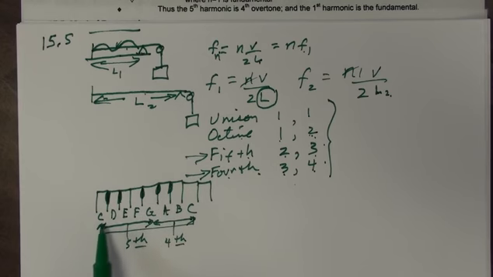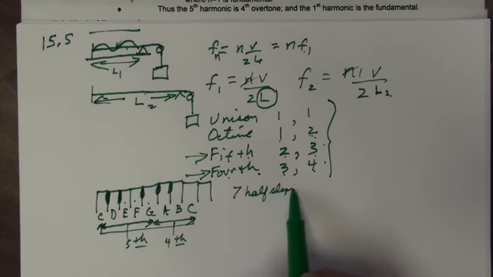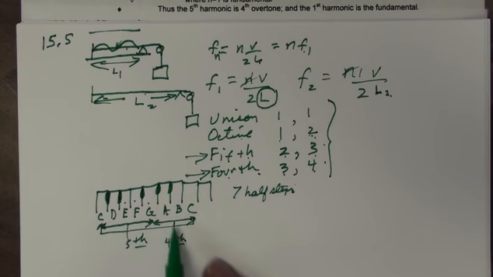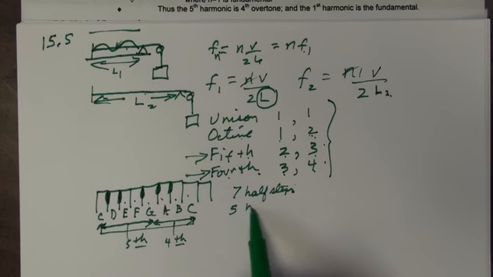So if you go up by a fifth, you'll notice that what you're really doing is going by 1, 2, 3, 4, 5, 6, 7 half steps. And if I go by a fourth, I'm going from G to 1, 2, 3, 4, 5 half steps.